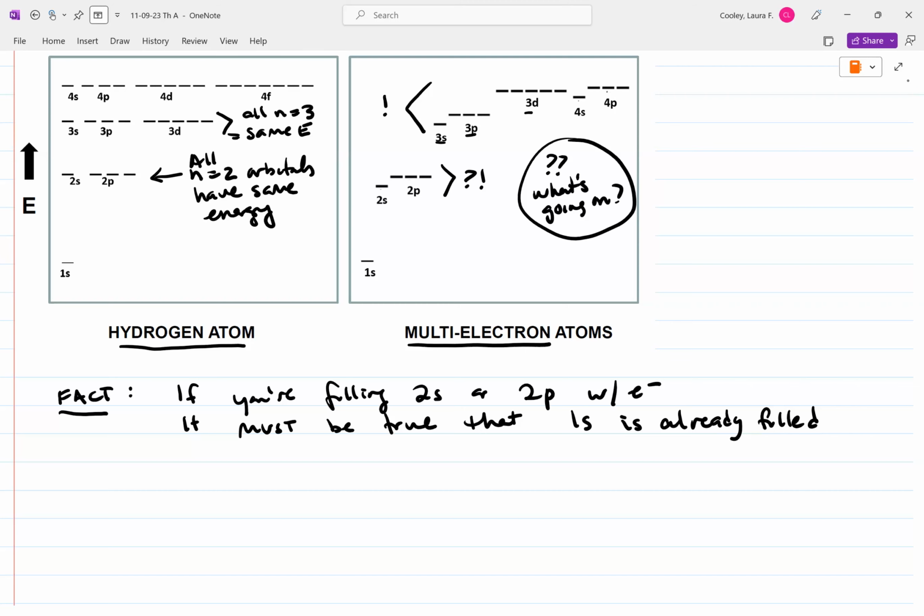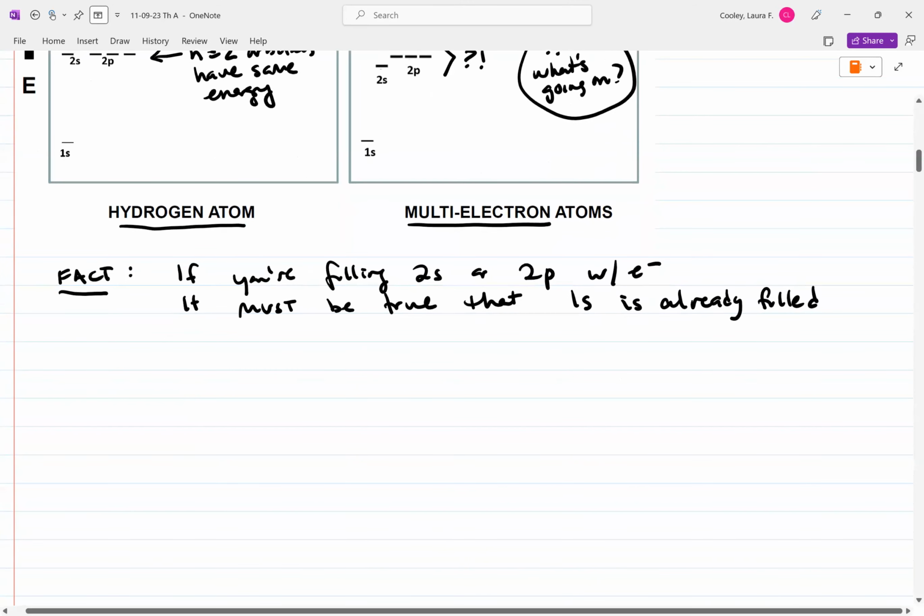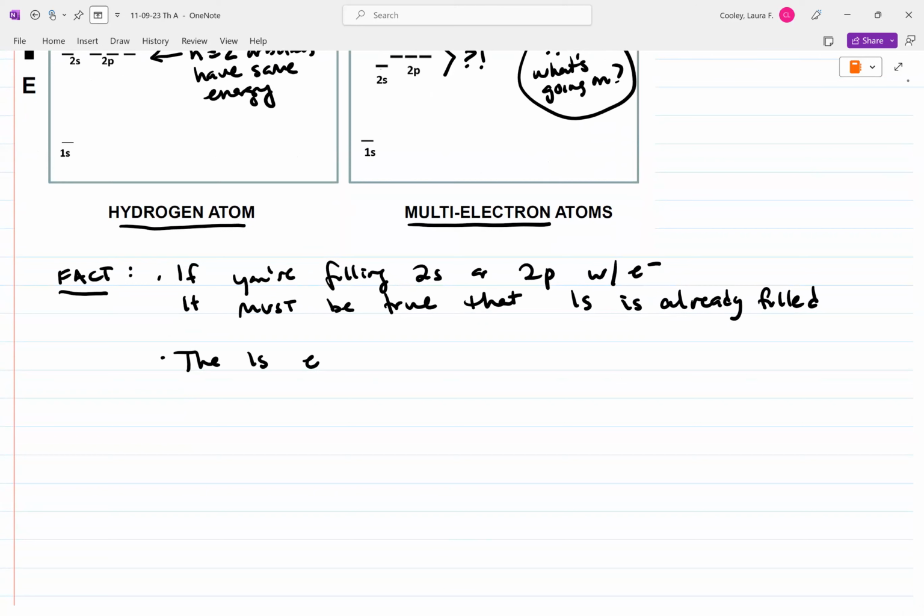It changes the charge that is actually felt by an electron in the 2s or the 2p. So it turns out that the 1s electrons affect the energy of the 2s and the 2p orbitals, and they affect them differently.